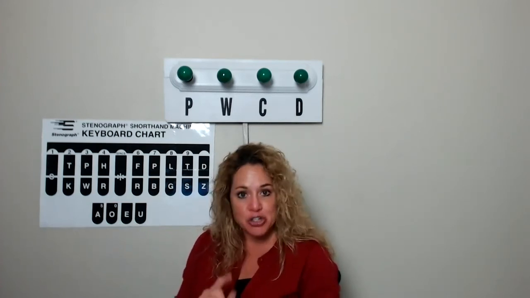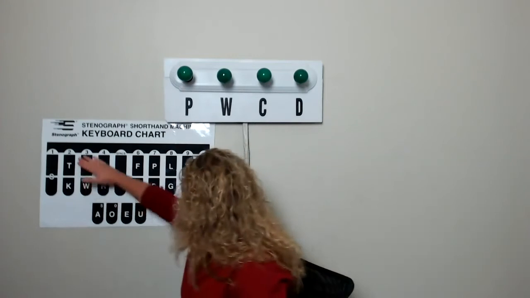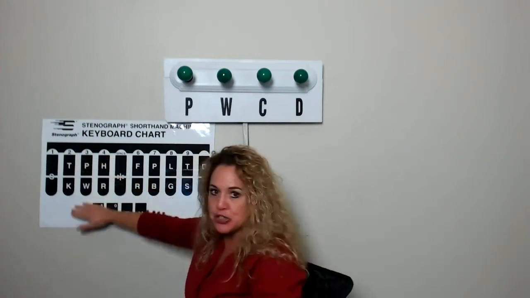So again, you're going to go through and strike each letter according to what the lesson says, and strike one letter at a time. It's really just focusing on this initial side and the vowels.